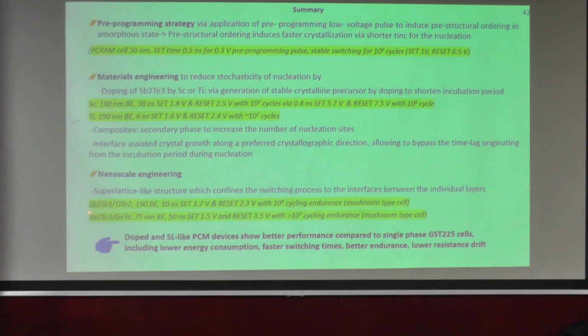One is based on antimony telluride and titanium tellurium 2, and it shows nice cycling endurance and a short set time of 10 nanoseconds. This was a partial type cell. For the germanium telluride antimony telluride superlattice, we also saw one example yesterday. It also shows around 50 nanosecond set times and high cycle endurance.